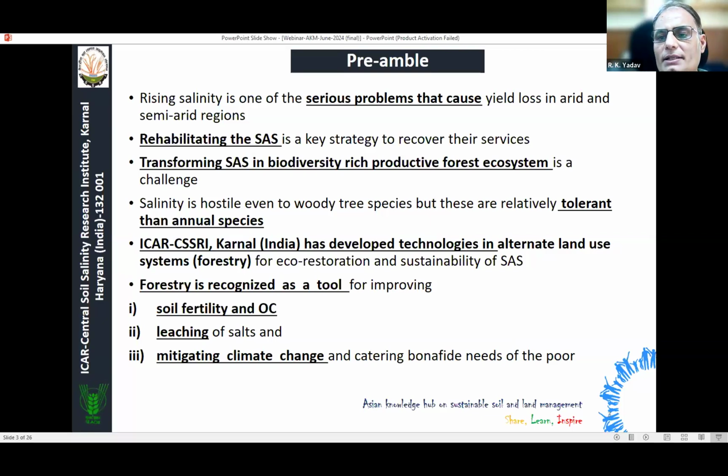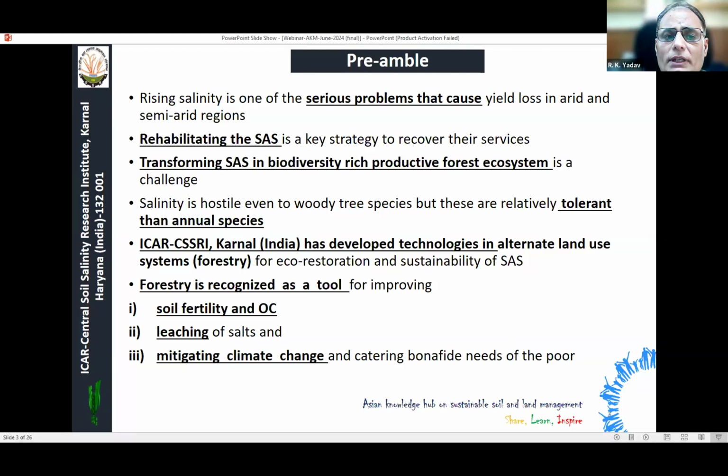On the other hand, while most flora are not suited to such a hostile environment ingressed with salts, we are taking advantage of the woody perennials that are somewhat tolerant when compared with other species. By taking this advantage, we go for research and development to develop some models.